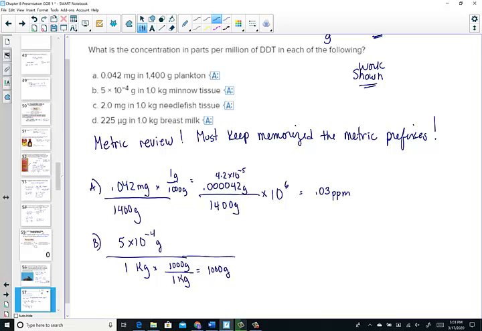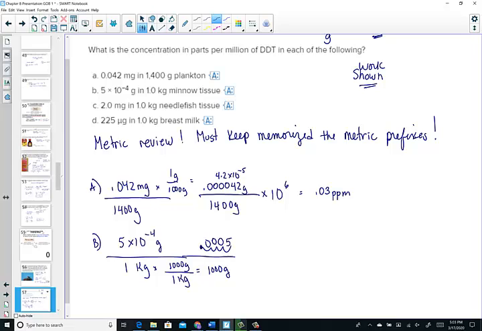So on my calculator, 5e -4. Think about what that means. It's 1, 2, 3 zeros. That's supposed to be a decimal. I'll make it clear. 1, 2, 3. And if the 5 is right here, 1, 2, 3, 4. That's 5 times 10 to the -4th.